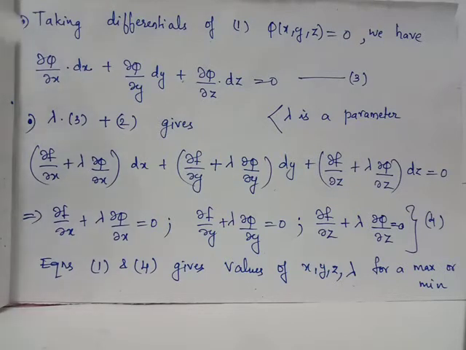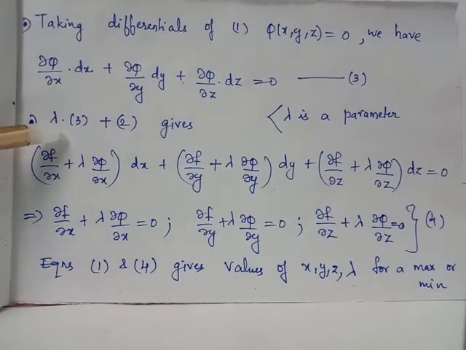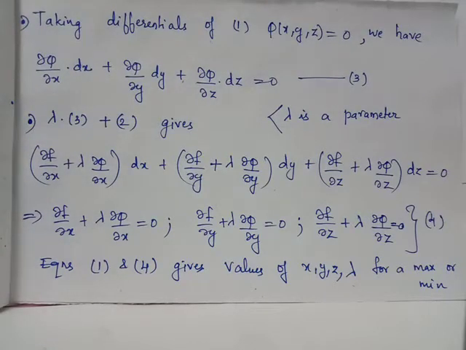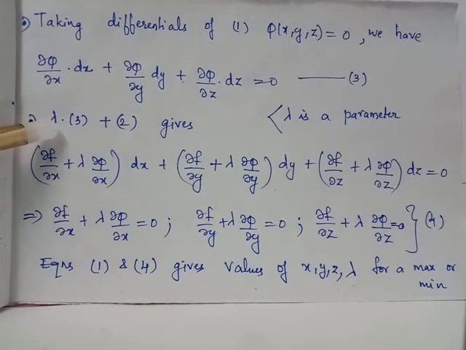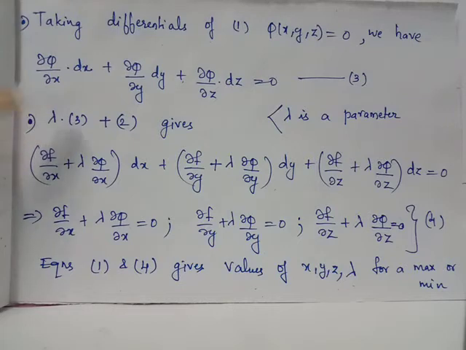We just multiplied lambda to this expression and took the sum with equation 2 to obtain this expression. We just added the LHS and RHS of the corresponding equations 3 and 2 after multiplying equation 3 with parameter lambda. This lambda is actually known as the Lagrange's multiplier.